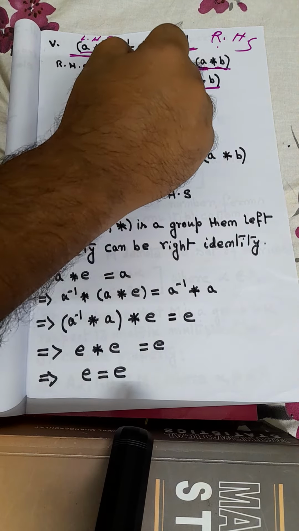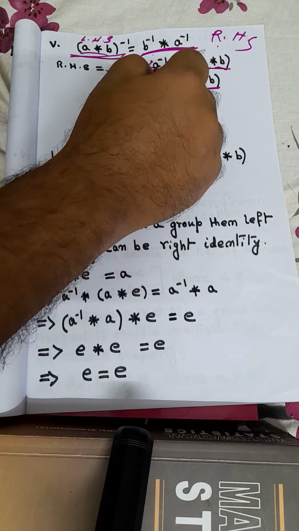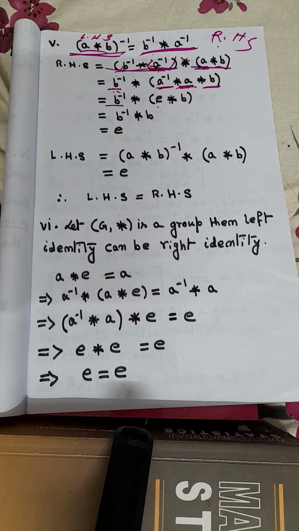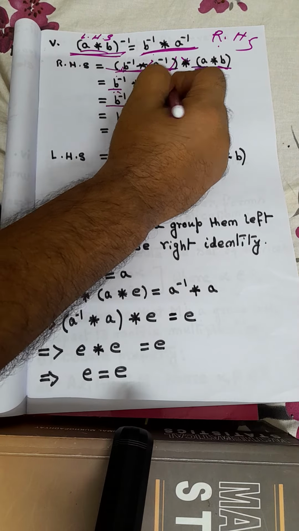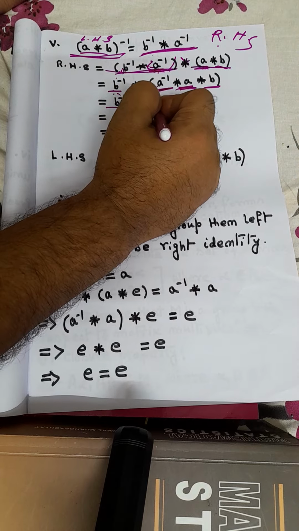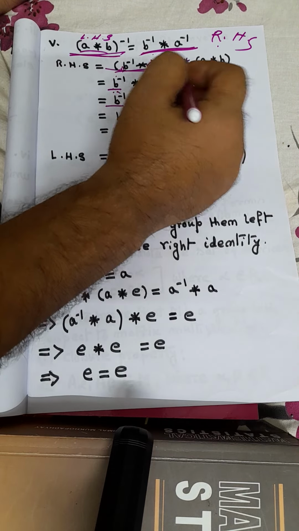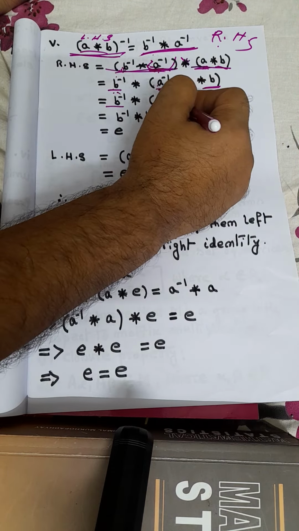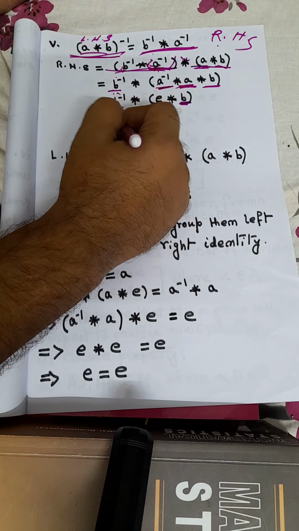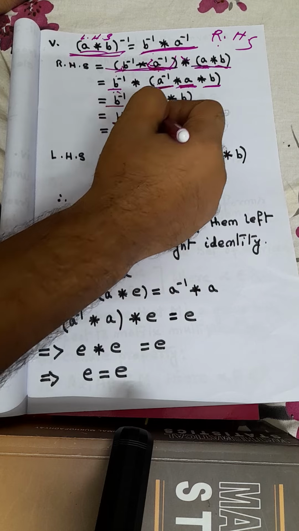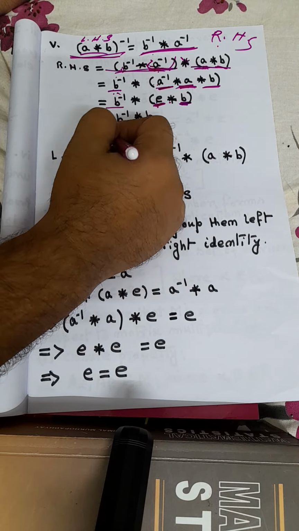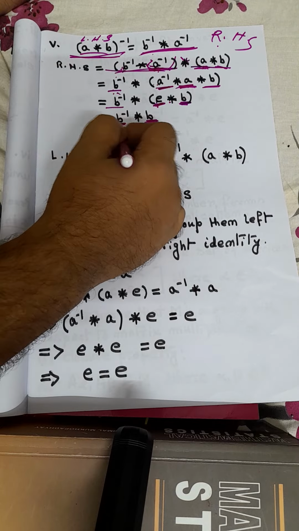We know that a inverse a equals e, the identity element, and if we do the binary operation of any element with the identity element, we get the same element, that is b. Now b inverse is outside, so b inverse binary operation b gives us the identity element e. Correct?